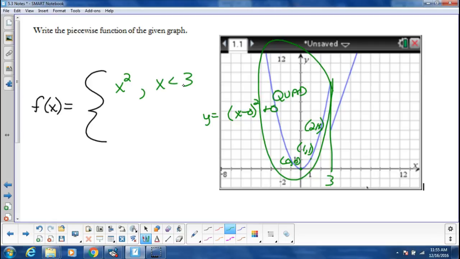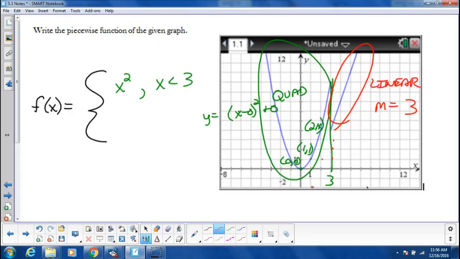Next part. What's the next part? It's linear. What's its slope? So that gives me a slope of 3. So then if I were to continue that back, 1, 2, 3 over there, 1, 2, 3 over there.